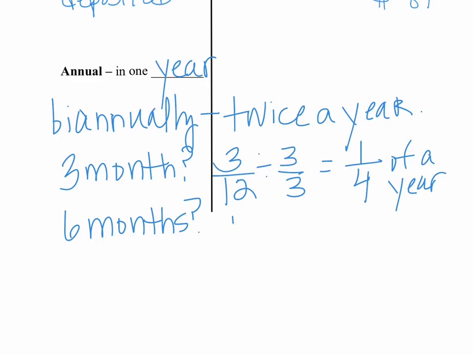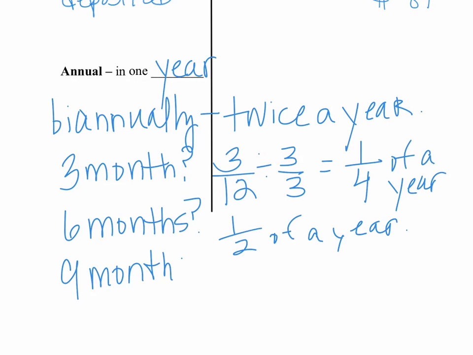That is correct, half of a year. What about 9 months? 9 out of 12 simplifies to 3/4 of a year.